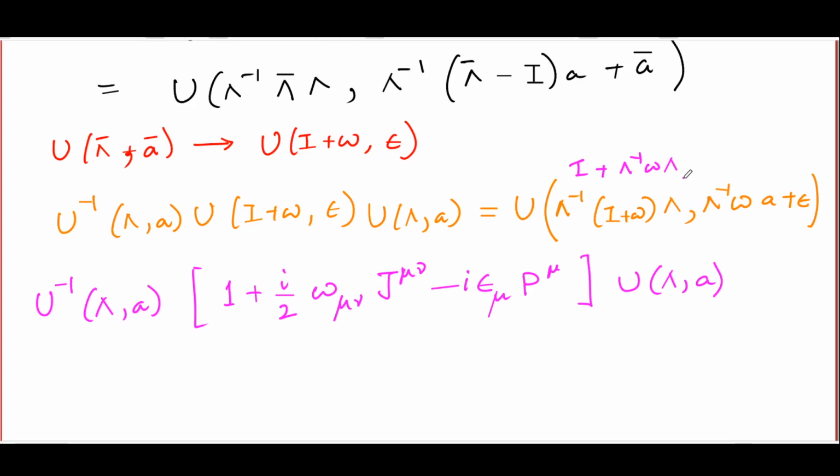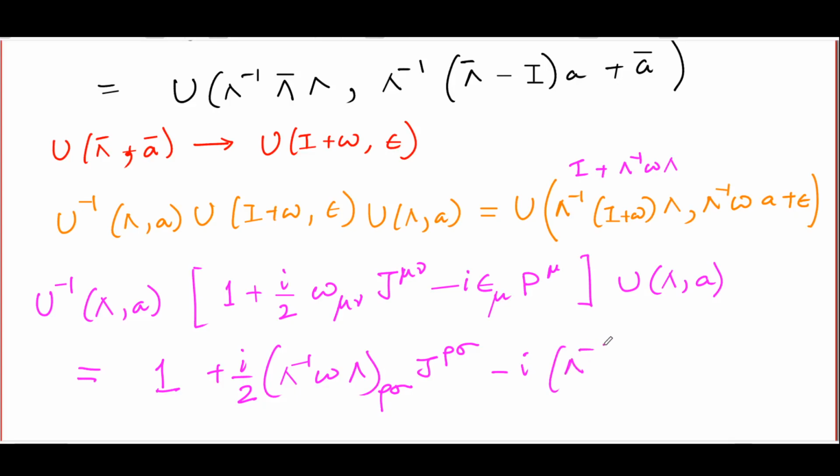So what we need to do is simply expand out the right hand side using a similar expansion as well, and you get identity plus I by 2 lambda inverse omega lambda's rho sigma element, J rho sigma, minus I times lambda inverse omega A plus epsilon's rho element P rho.